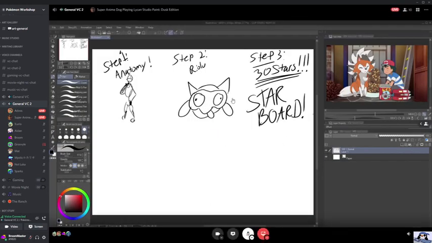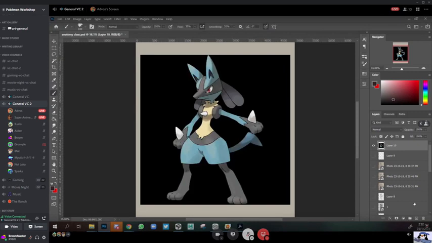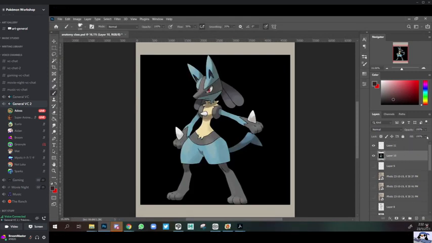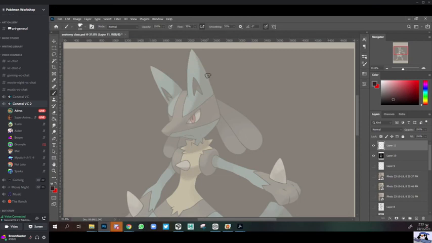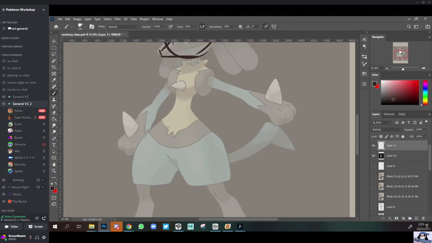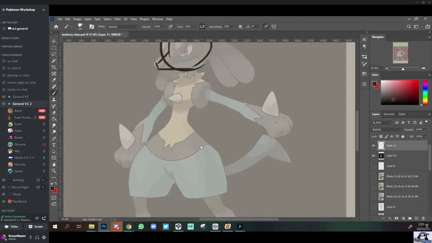Okay. So Lucario's head is basically just a wolf head. I think a lot of you already know how to draw this, so I'm not gonna talk about that. For the body, holy fuck, Lucario has a tiny ribcage. This jelly bean here is his ribcage. It's super tiny, but it's there.